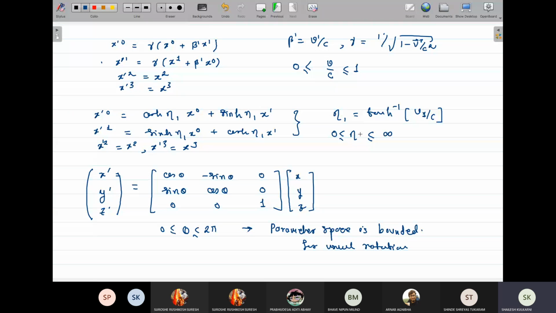In other words, these transformations are non-compact, while these transformations are compact. And that causes the profound difference between this boost and this rotation.